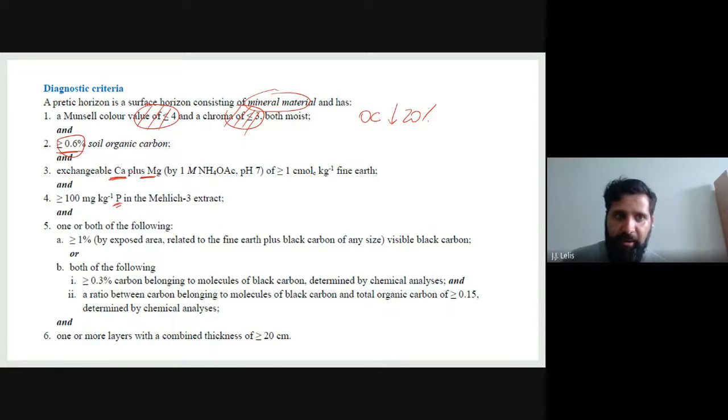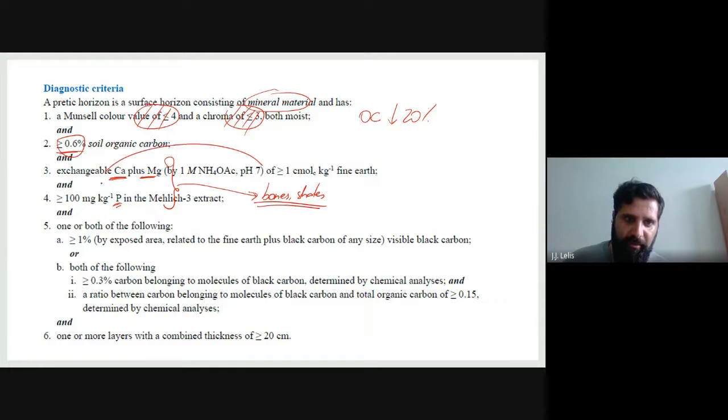And why? Because we have bones and we have shales that release these nutrients in soil. So the pratic horizon should present high contents of these materials.